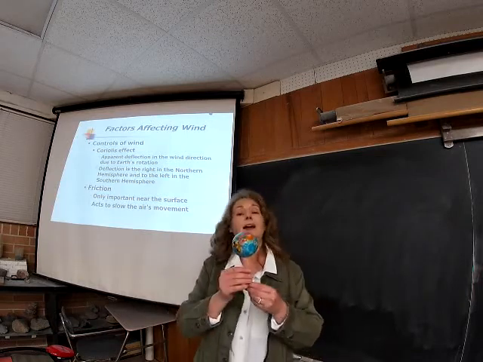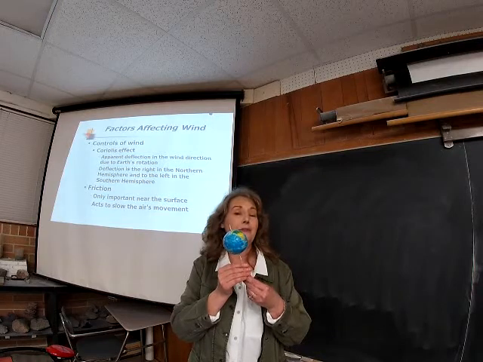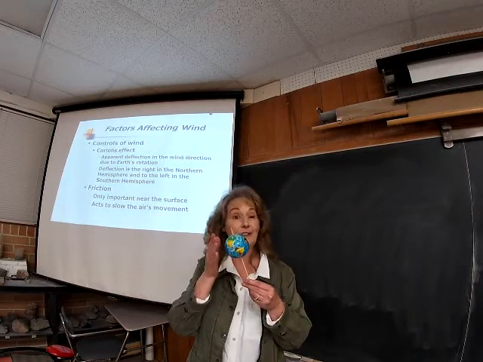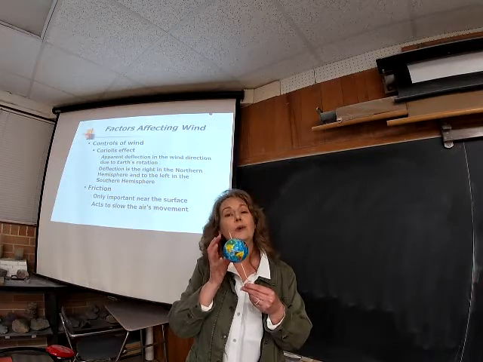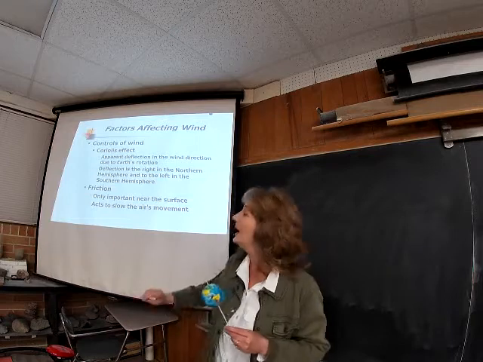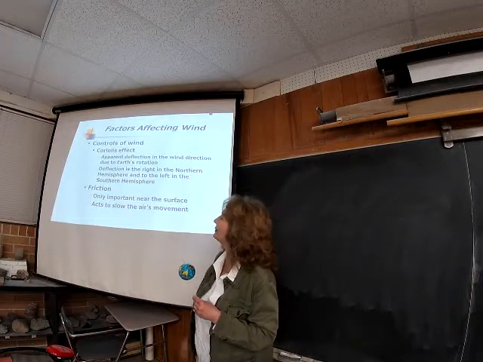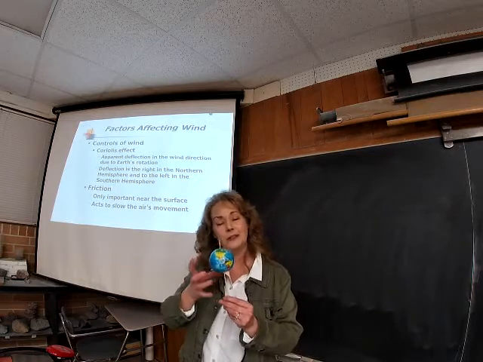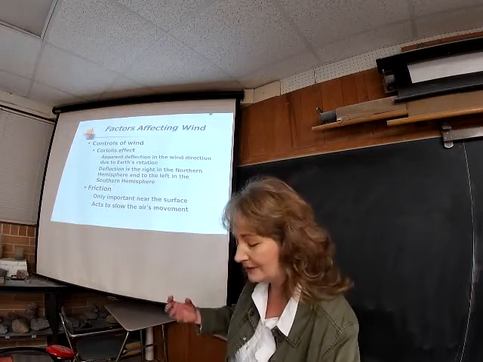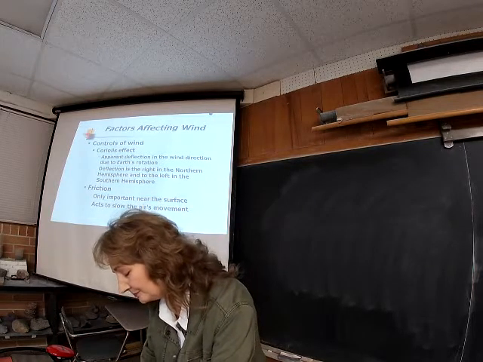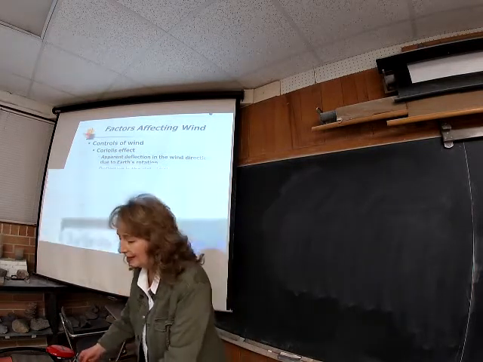And so here we have a rotating platform. The Earth is rotating, and here we have the atmosphere moving on a rotating surface. And so you are going to get a deflection in the wind direction due to Earth's rotation. And there is sort of an opposite thing going on in each hemisphere. Let's see if I can find that picture I had from before. Here we go.